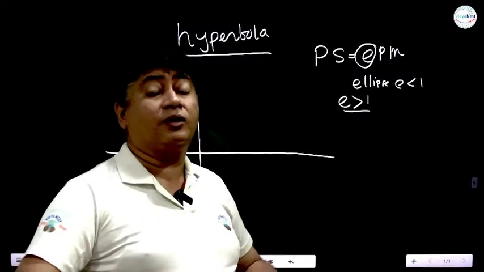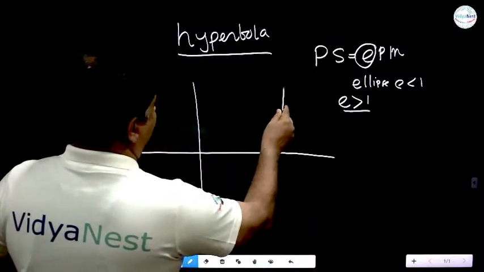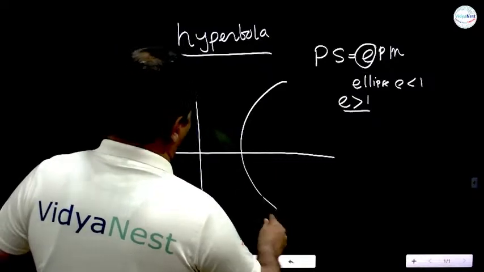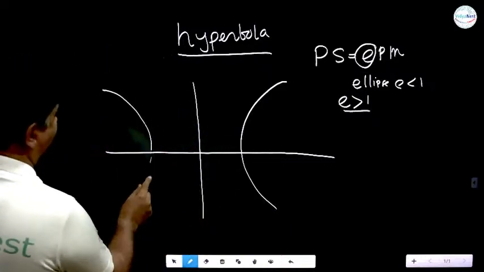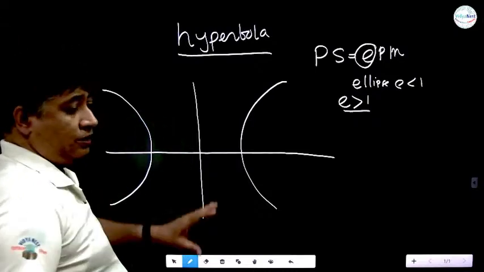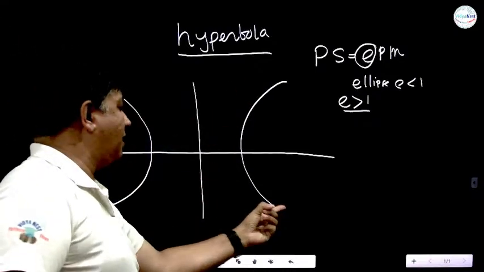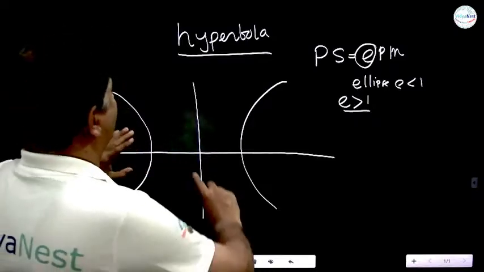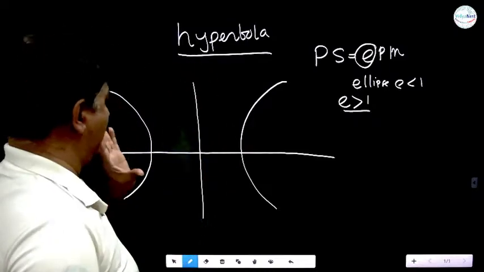If you consider it this way, it will be an easy task to remember. This is one parabolic curve, and this is another parabolic curve. Combined, they give you the hyperbola.